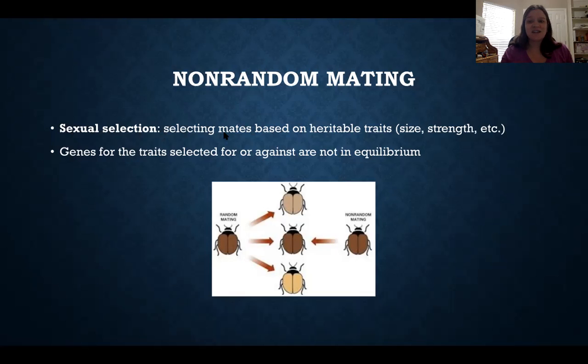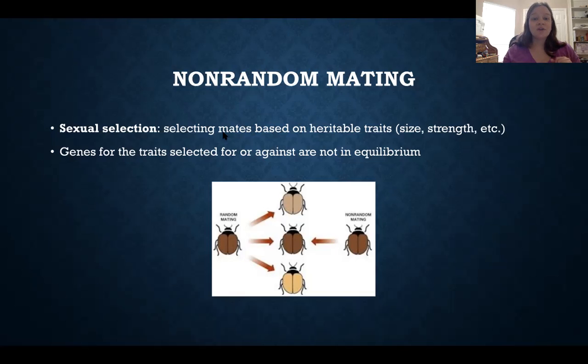And that's actually very common amongst most organisms, so for instance, like peacocks, right? The males are really colorful. That actually shows the more colorful they are, the prettier they are, that indicates that they have better genes. And so the females tend to select those males that have better genes because it means their offspring will be stronger.